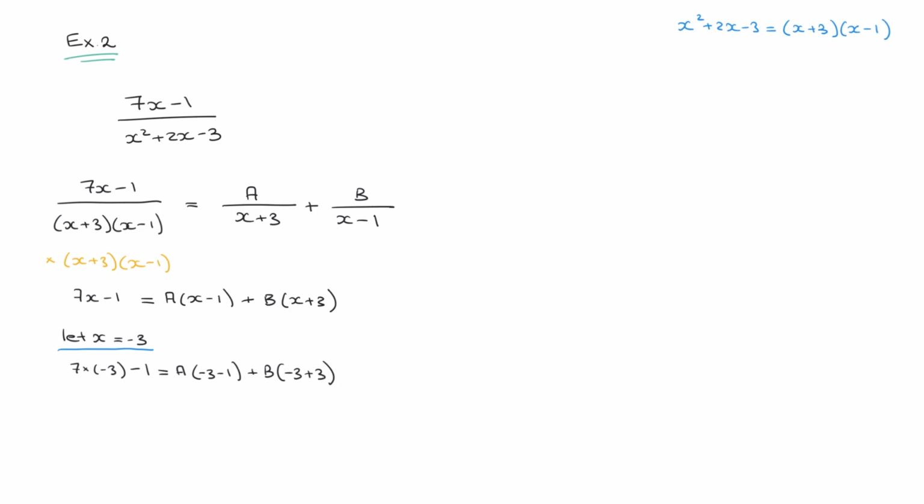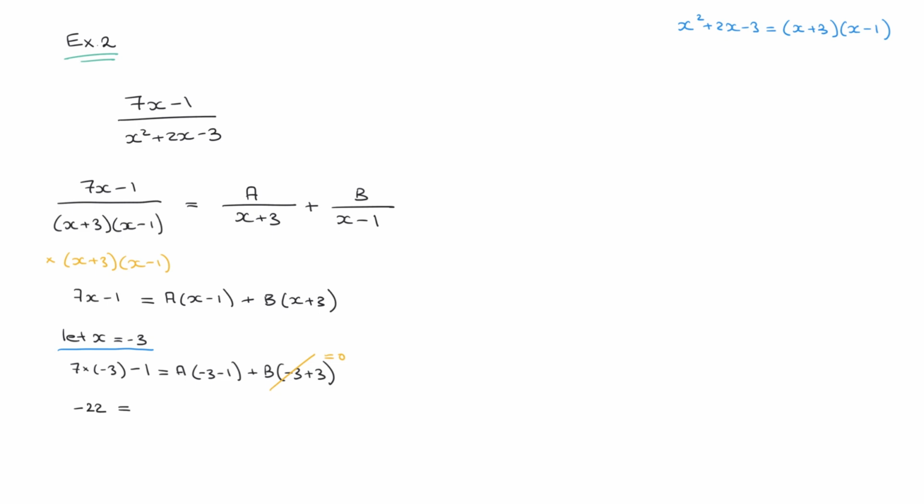Just as we said, this term here will equal to 0, so I can cross that out. That's equal to 0. And we'll be left with 7 times negative 3, which is negative 21, minus 1. So that's negative 22 on the left-hand side.